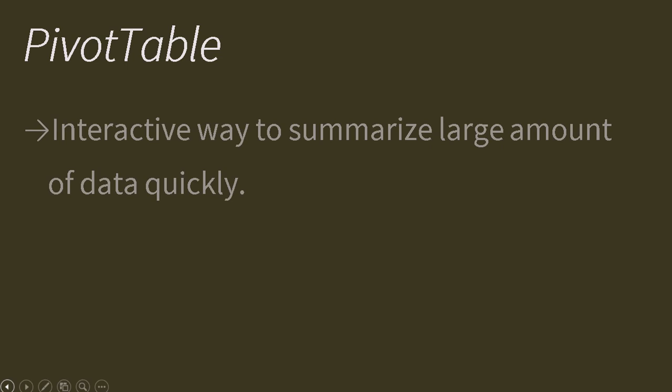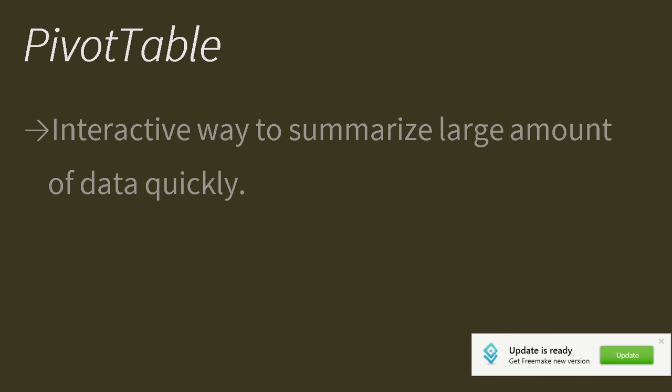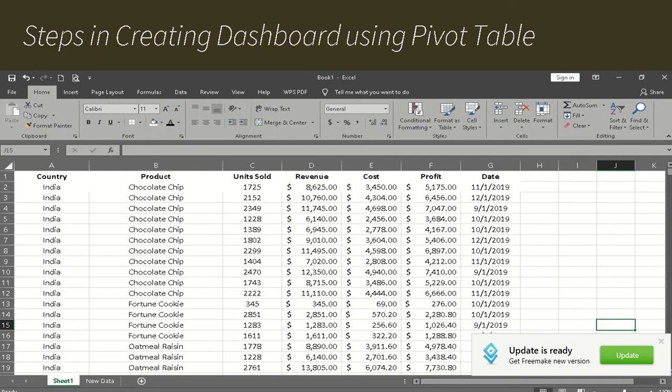It also lets us see comparison patterns and trends in our data, so everything is in one view only. So let's have the steps in creating a dashboard using a pivot table. Let's go directly to Excel.